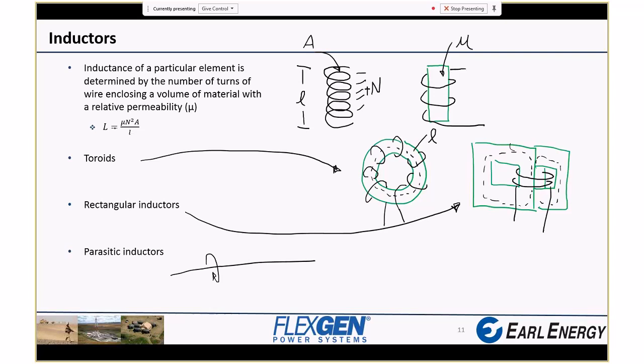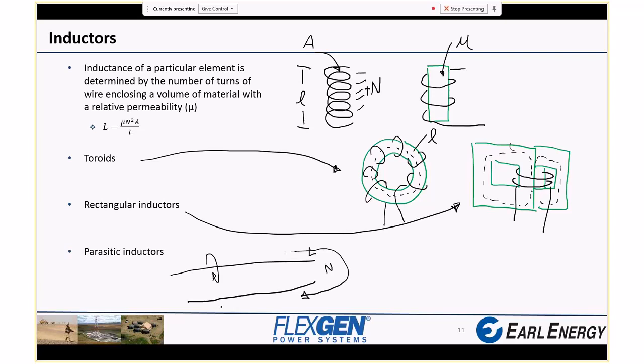There's another equation to define the inductance of that one-turn wire. But in a lot of cases, you're going to have, say, a 120 volt line. You have the line and the neutral. You usually send current out on one wire, and then current comes back on the other wire.